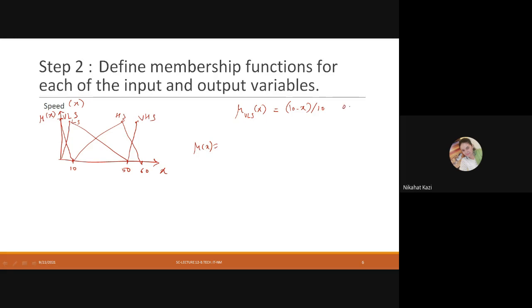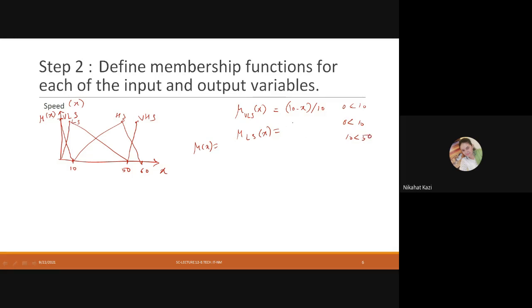So from 0 to 10. I'm not writing x here, but it has to be 0 less than x less than 10. Then next is low speed. Low speed is divided into two parts. One is between 0 to 10, and next is between 10 to 50.